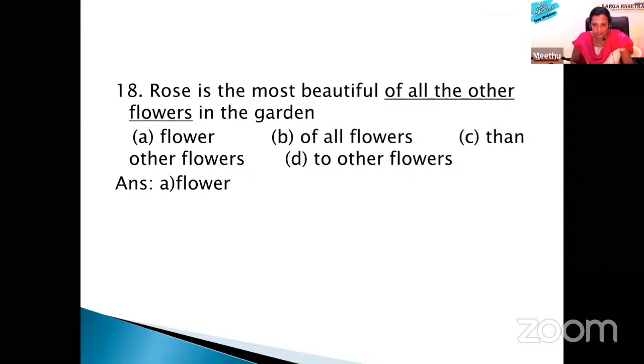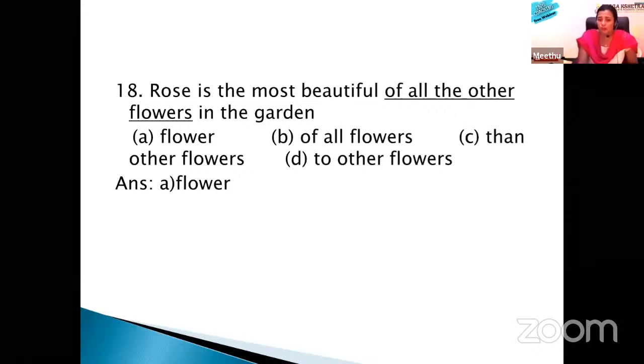You are not comparing it with some other flowers. If you're comparing, option C must be the right answer. And most beautiful of all flowers, no need to do that. It is the most beautiful flower in the garden. I hope it is clear.